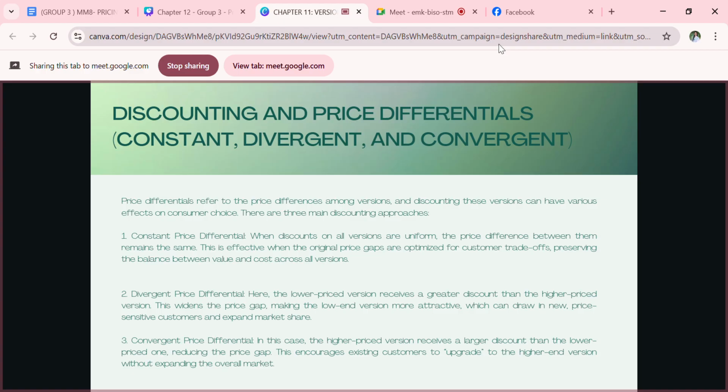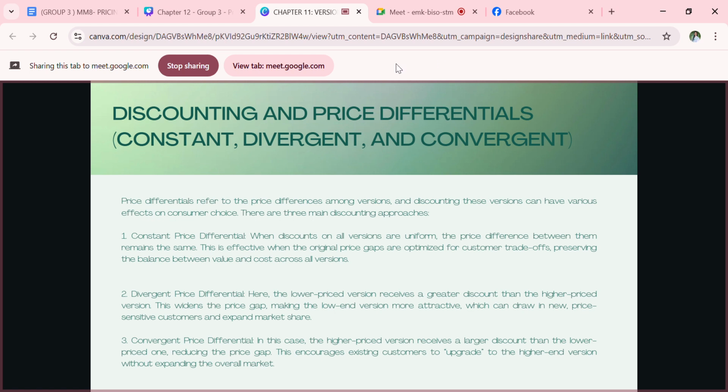For example, if three phone models are discounted by 10%, the relative difference between the versions remains the same. Customers can still choose based on quality and budget without reevaluating the price gap. Second, we have the divergent price differential. A divergent differential means giving a larger discount to the lower price version, widening the gap.